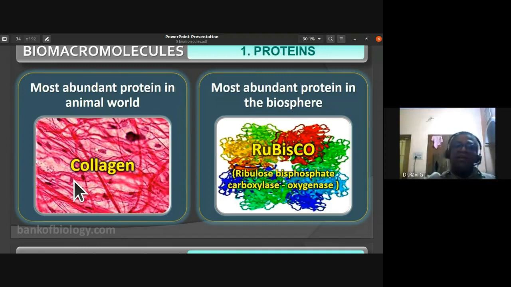You can remember it as Rubisco, the enzyme involved in photosynthesis, especially the C3 cycle or Calvin cycle. The enzyme which fixes atmospheric carbon dioxide is Rubisco, the most abundantly found protein in the biosphere.